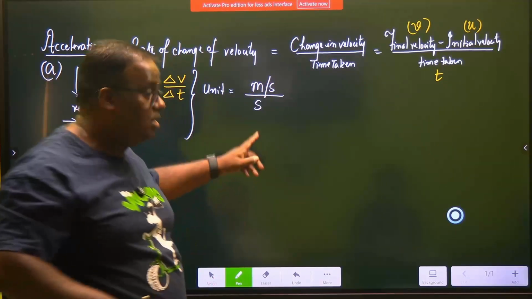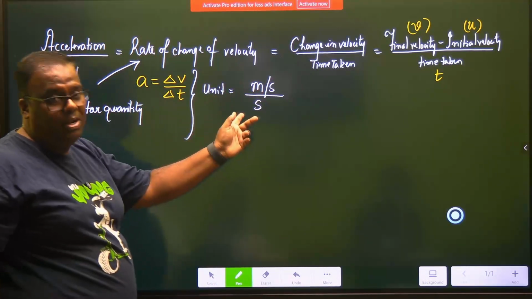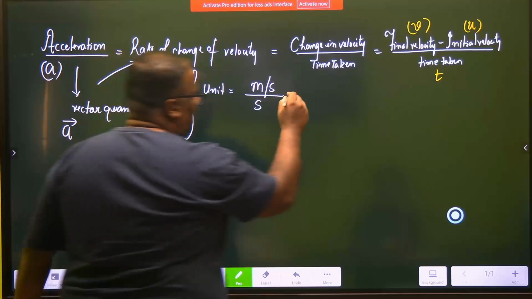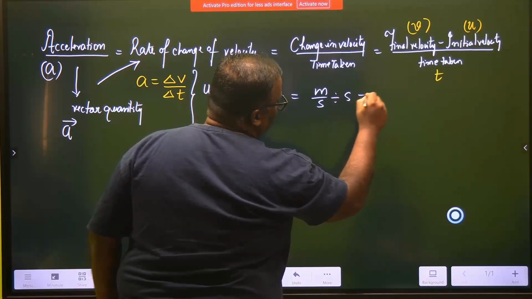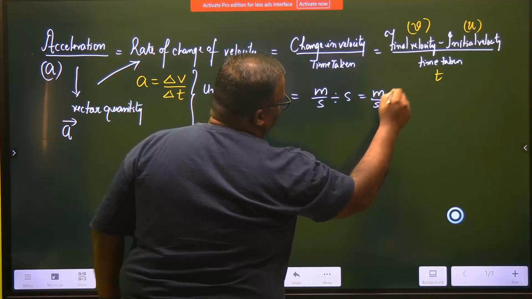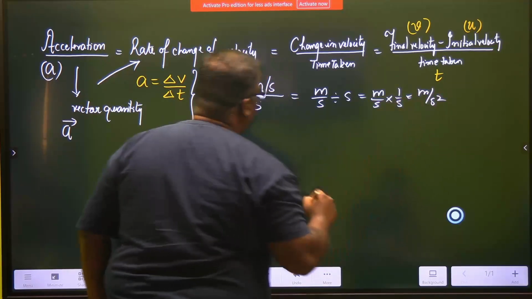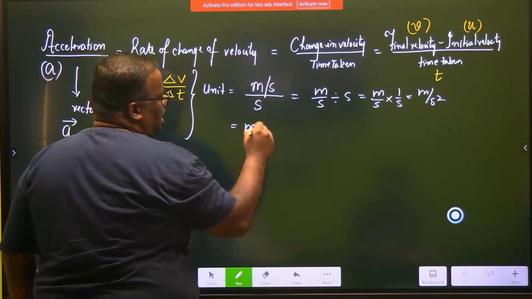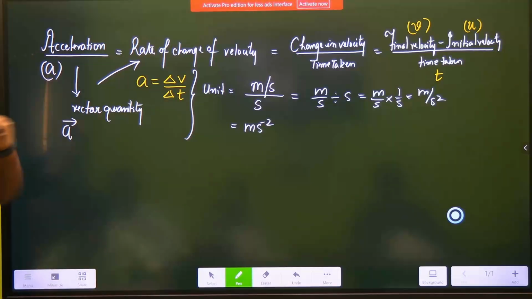So if you try to do baby mathematics, this is meter per second divided by second, which is meter per second into 1 by second, which is meter per second square. This is also written as m s^-2. Keep writing, did you understand?